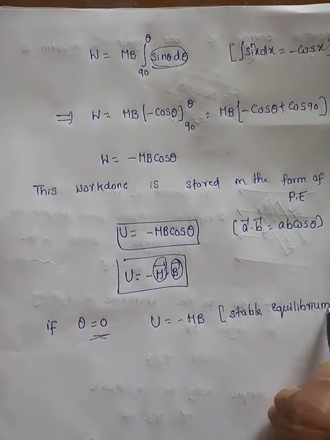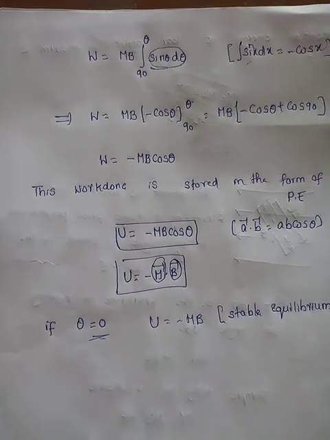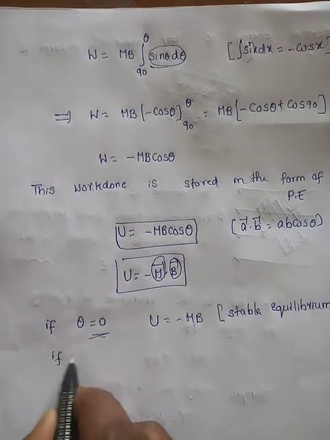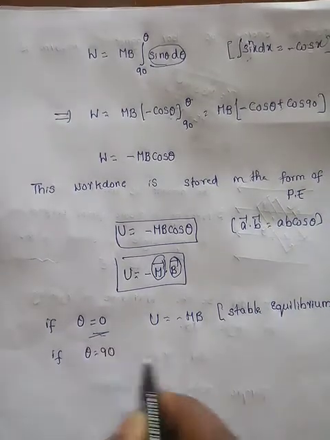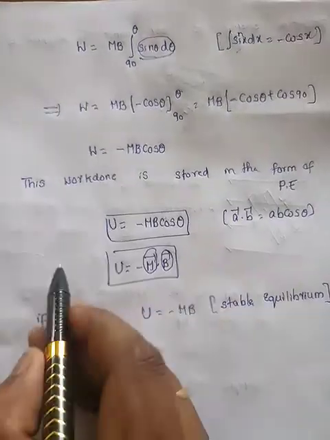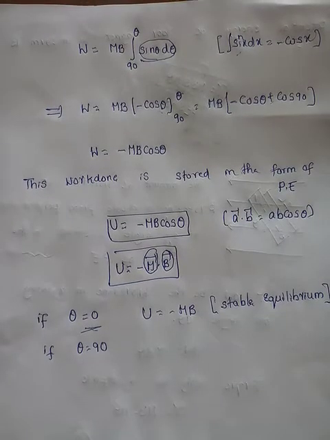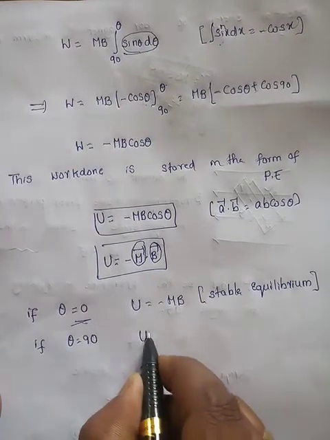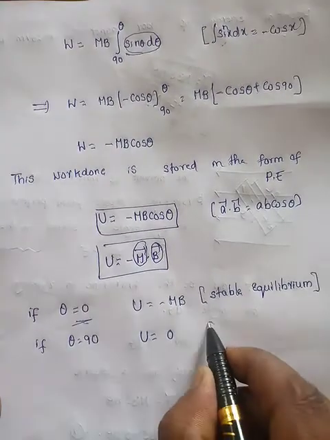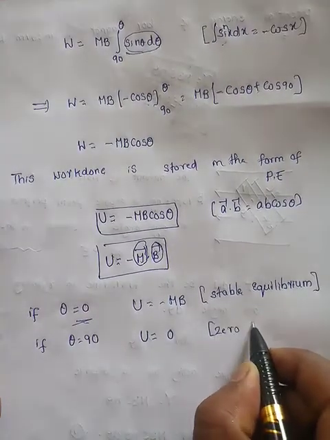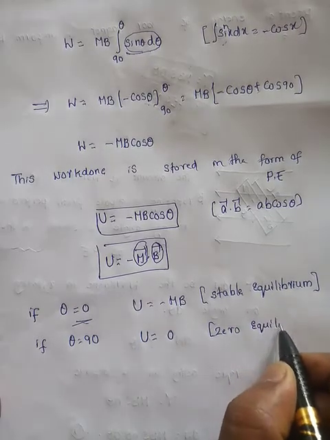At this condition the bar magnet is in a stable position, so we call it stable equilibrium. For example, if theta equals 90, which means the magnetic moment and magnetic field are perpendicular to each other, then cos 90 is 0. This condition is called zero equilibrium.